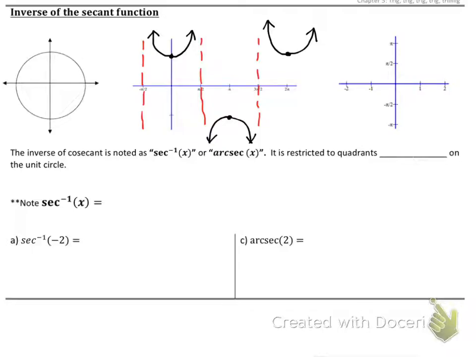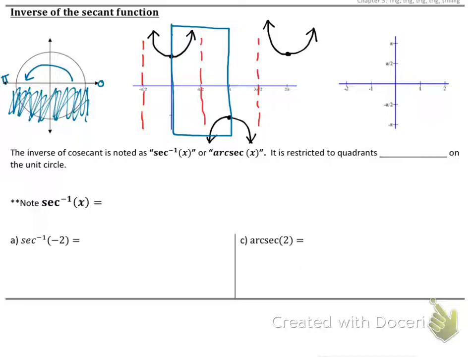We just need those first two. Because just like we did with cosecant, we're going to cut each of these in half. So I'm going to take half of u, and that's going to be 0 to pi. My domain is from 0 to pi and nothing else.